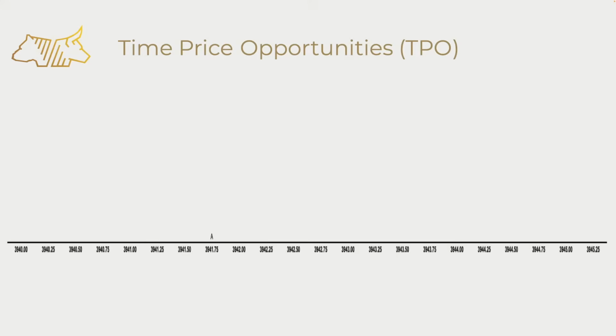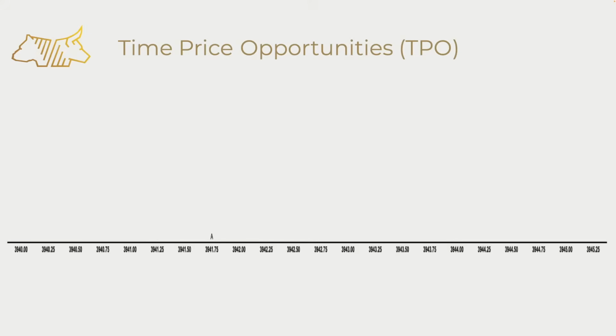So a market profile chart consists of a bunch of things called time price opportunities, otherwise known as TPOs. So the whole idea behind a TPO is that if we go back to our candlestick chart, we have time on the x-axis and then price on the y-axis, and we're looking at price over time.